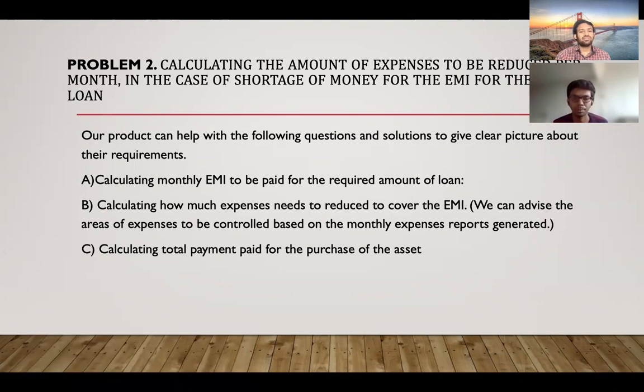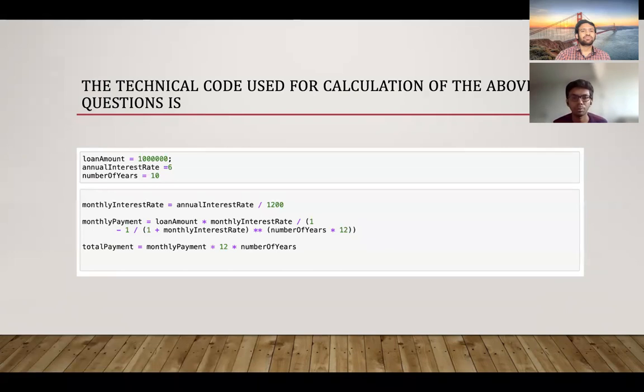We can advise the areas of expenses to be controlled based on the monthly expense reports generated. Calculating total payment paid for the purchase of the asset. The technical Python code used for the calculation of the above question is this. In this, we used a few variables like loan amount, annual interest rate, and number of years.